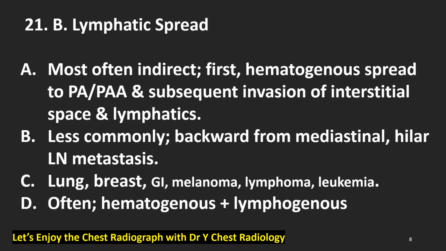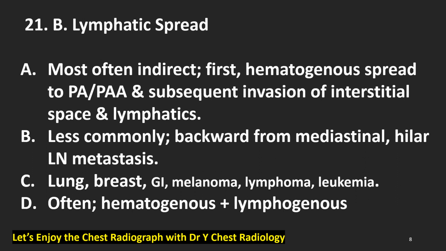B. Lymphatic spread, lymphangitic carcinomatosis. A. Most often indirect. First, hematogenous spread to pulmonary artery or pulmonary arteriole, and subsequently invade into interstitial space and lymphatics.